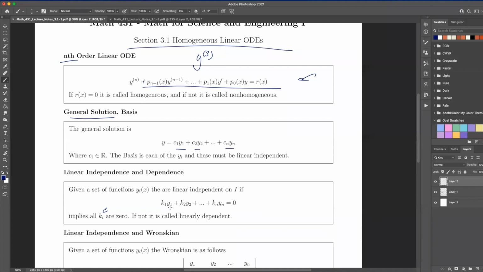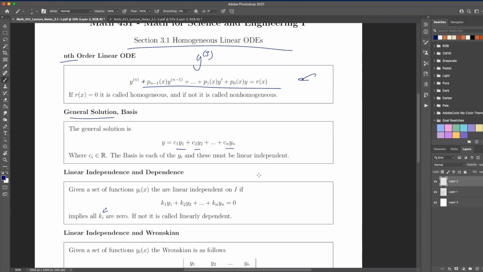However, if there is any combination where these are not 0, that means one was a multiple of another, or some linear combination of like 1 plus another equals a third, then we can say, well, that's not linearly independent.